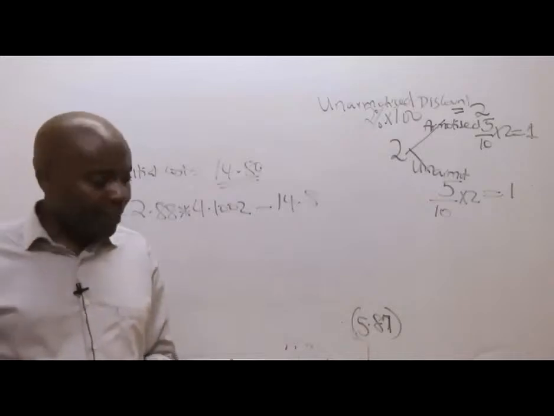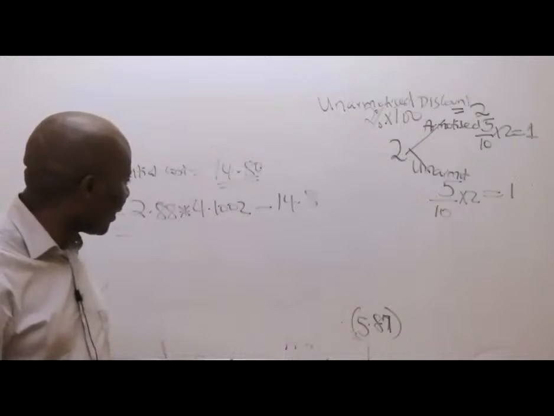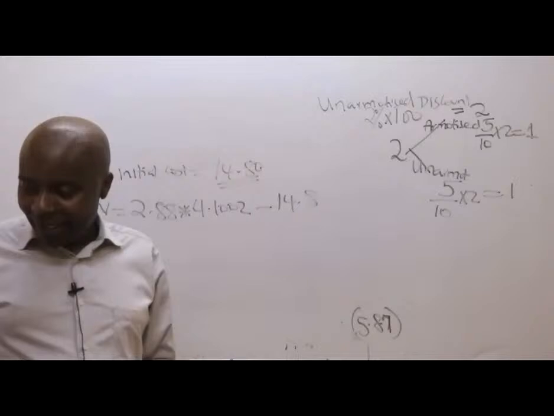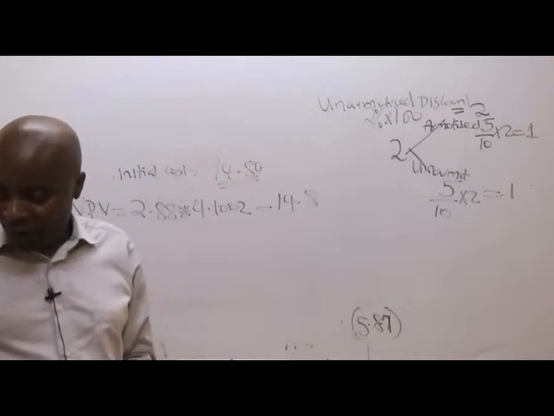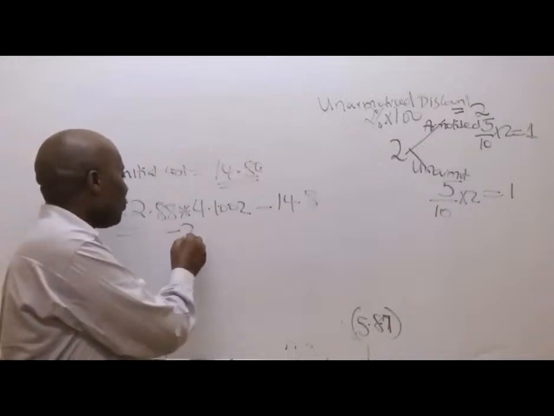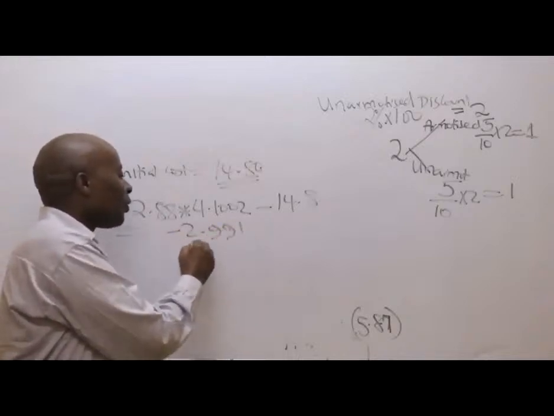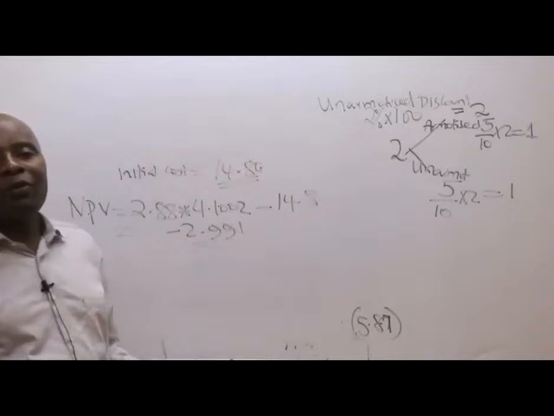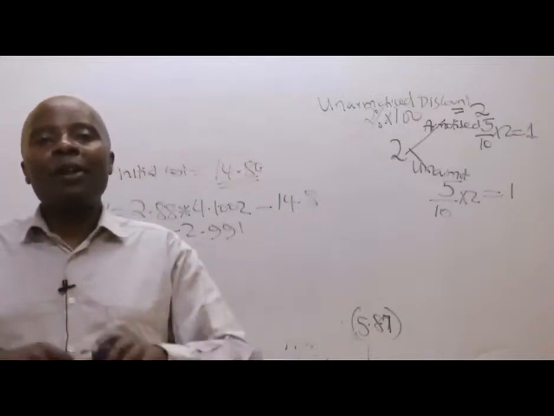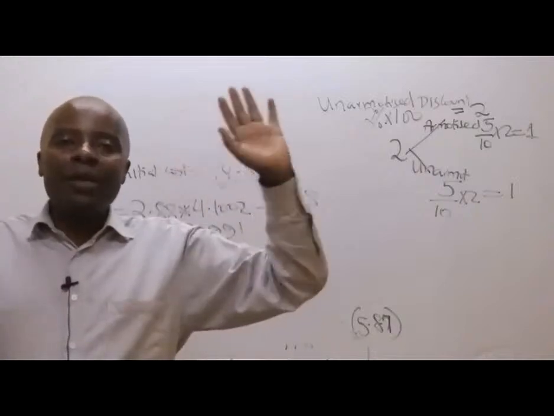I've seen somebody has given me a net present value: negative 2.991. So it comes out negative 2.991. And of course, any project whose NPV is negative is a bad project. So in this case, we are better off not redeeming.